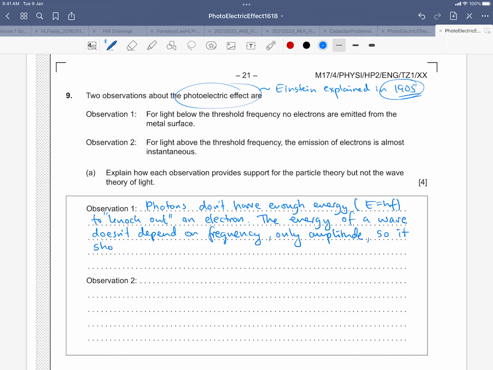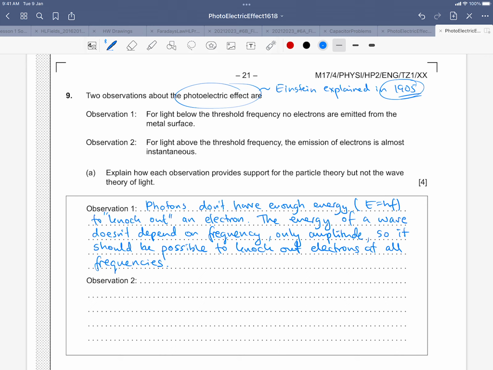So it should be possible to knock out electrons at all frequencies in a way. There shouldn't be this threshold frequency, because we could just turn up the amplitude, increase the energy of the wave, and then it should be possible. But yeah, because it's not possible, then explaining the photoelectric effect, or this effect, supports the particle theory of light.